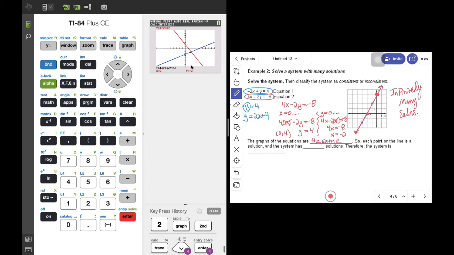So each point on the line is a solution, and the system therefore has many solutions. Therefore, the system is consistent. And then we have to take it a step further. The solutions are what we call dependent.